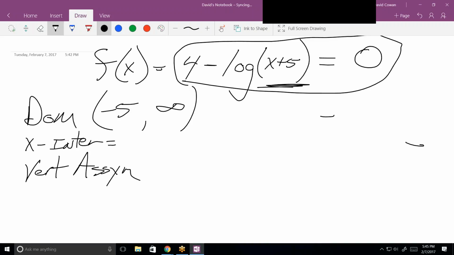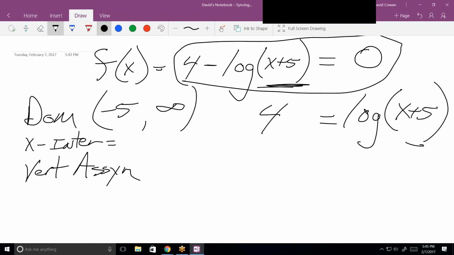You would subtract the 4. Let's keep everything positive. And then you can subtract the 4 and cancel both negatives. The better way I like of looking at that is, let's move the log to the right side. And then we don't have any negatives that we're dealing with at all.